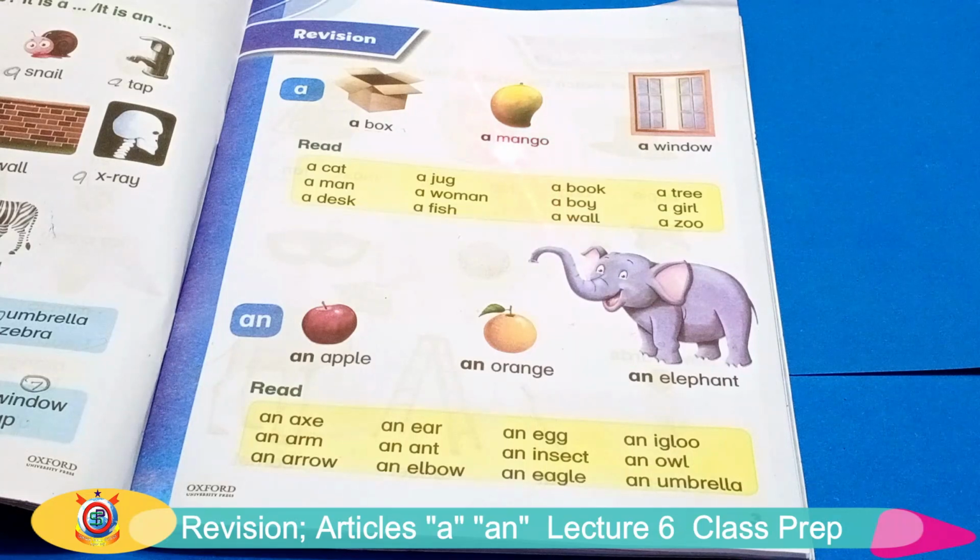So the starting first letter is consonant. So we write here A and read it like this. A mango. A mango. Very good.